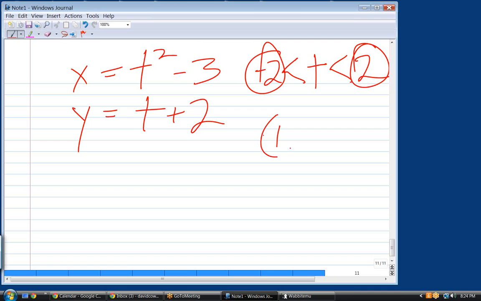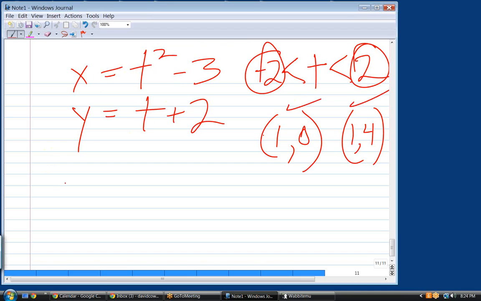Okay, so 1, what's y when t is minus 2? y equals 0. There's one endpoint. Here's the other endpoint coming. Substitute 2 for t. So x equals the, oh, okay, so 1 comma 4. So those are your two endpoints.